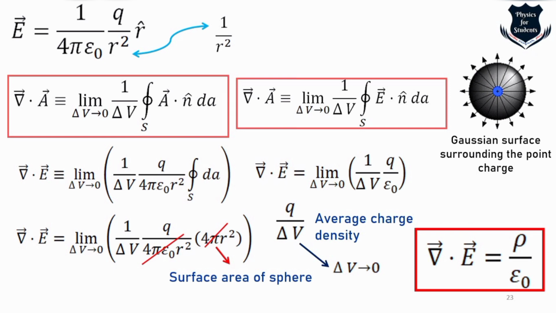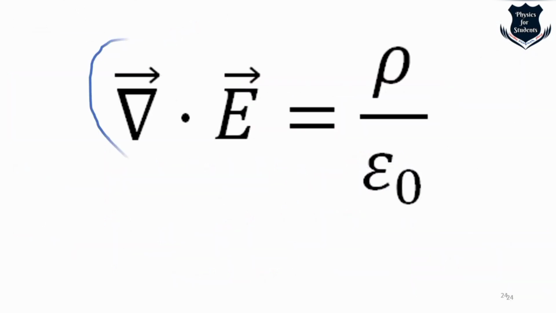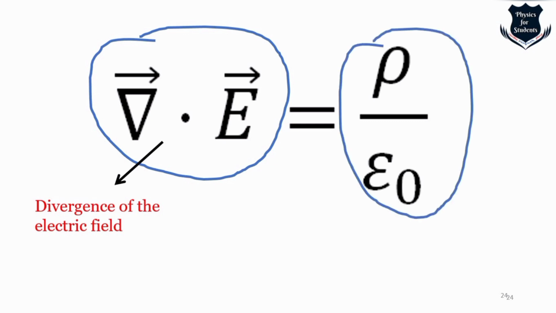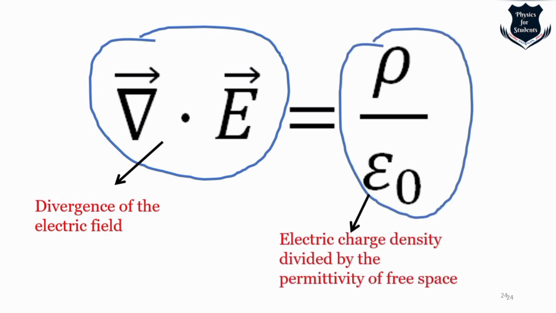Okay, so we got this one, which we started with. This is the divergence of the electric field, and this one is the electric charge density divided by the permittivity of free space. So you can understand this is what we actually arrived at.